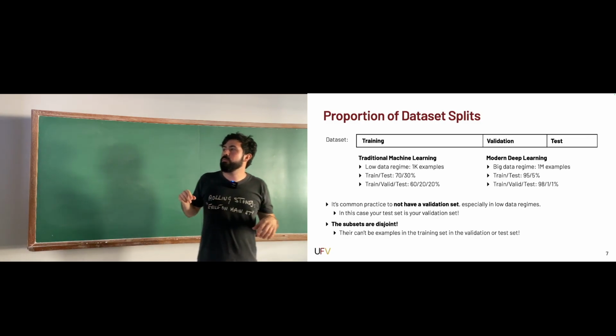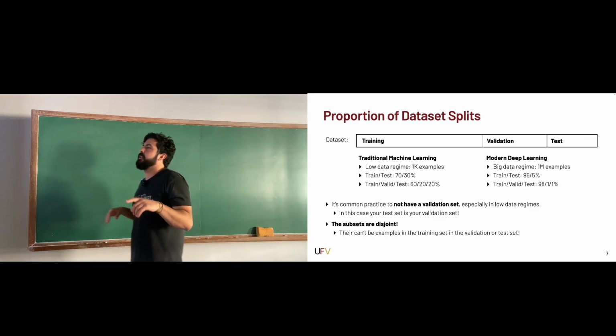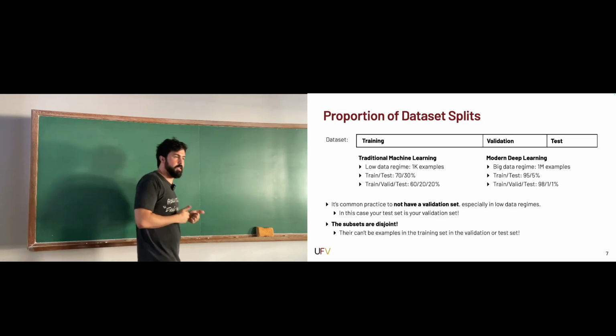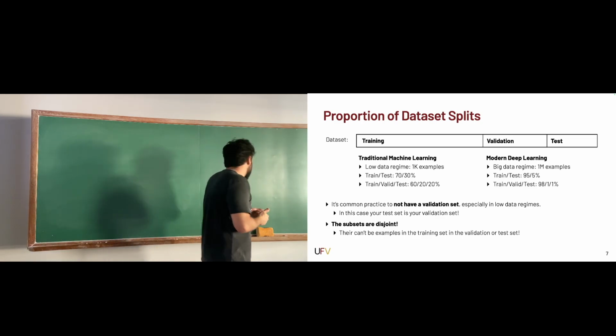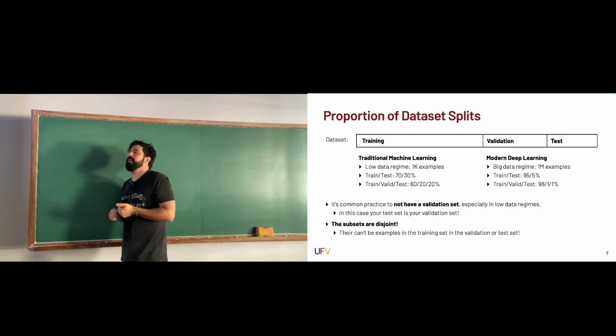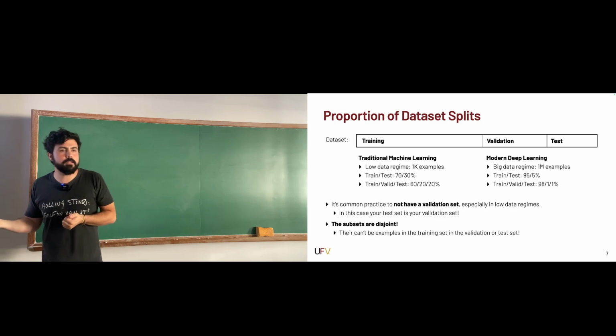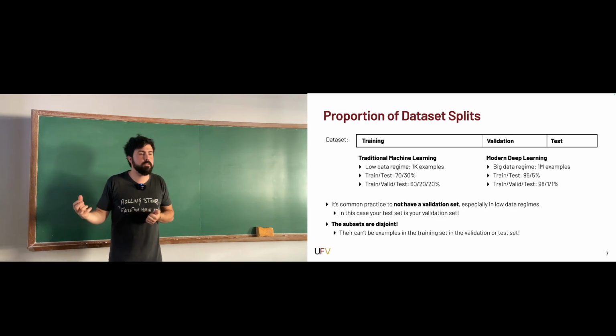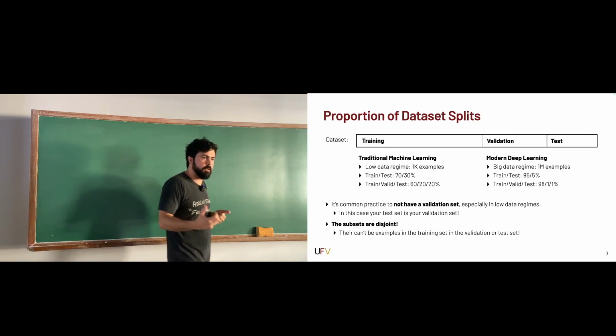Or if you didn't want a validation set, you would split into just training and testing, and that would be 70-30%. Okay, so if you have 100 data points, you would use 70 of them for training and 30 for testing. Or 60 for training, 20 for validation, and 20 for testing.